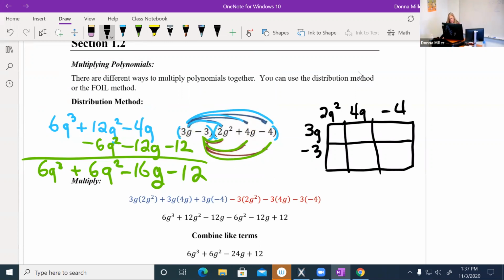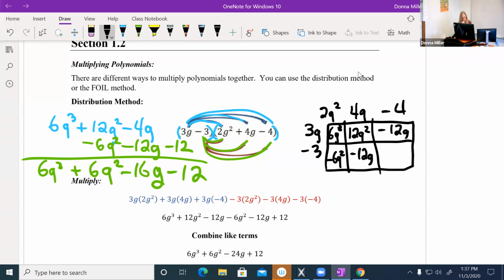So this would be 6g cubed. Multiply this times this, 2 times -3 is -6g squared. 4g times 3g is 12g squared. 4g times -3 is -12g. -3 times -4 is going to be +12.